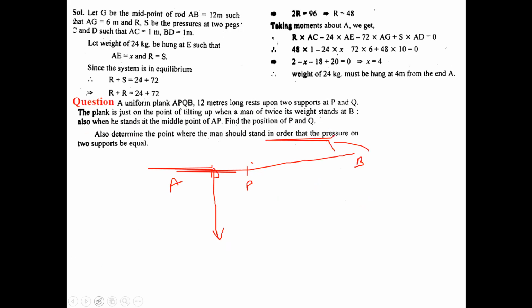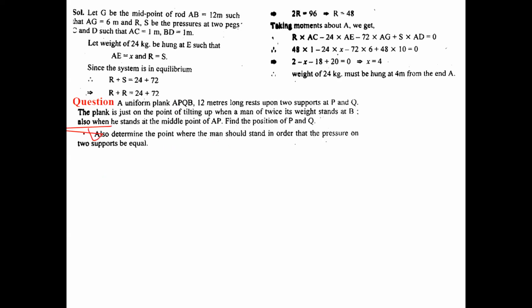Find the position of P and Q. So what we have to find is where to take the point P and where to take the point Q. Also determine the point where the man should stand in order that the pressure on the 2 supports be equal. This is another one. Firstly we will discuss the question up to here, then we will discuss this part later on.